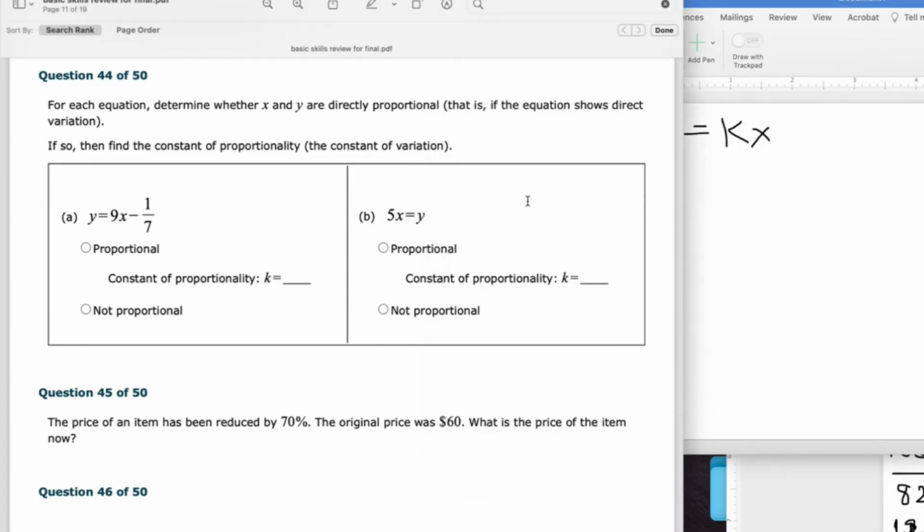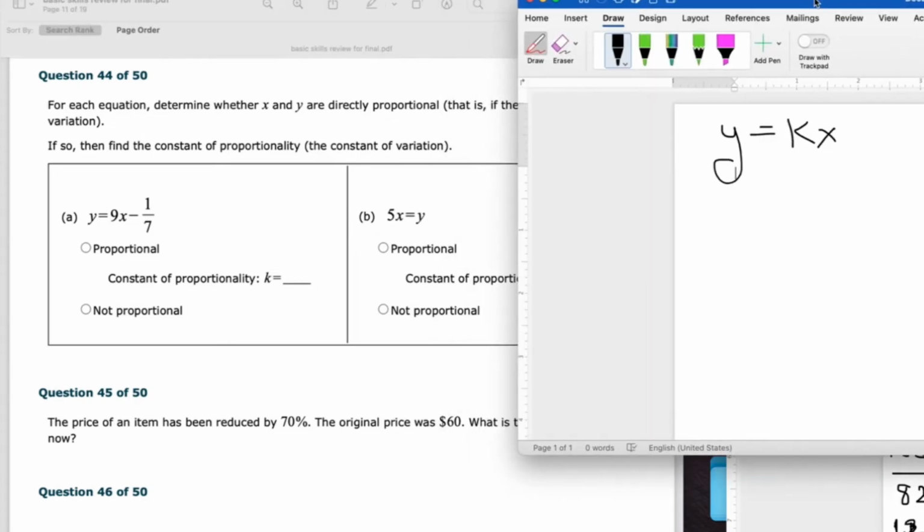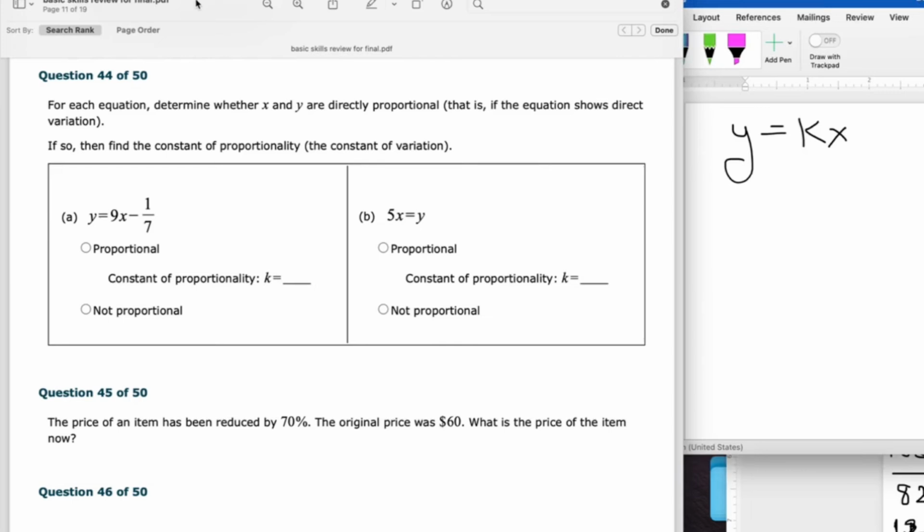Okay, so notice that y is equal to kx. There is no y-intercept. So this is a line with a slope, but no y-intercept. So we're going to have to say that this a part is not proportional, and the b part, y equals kx, b is proportional, but a is not.